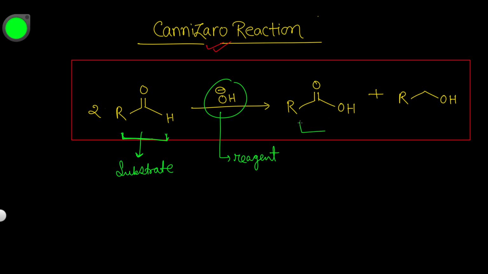And this is our product, alcohol plus acid. So this is the general scheme of the reaction: substrate aldehyde, reagent base OH minus, and the product we get from this reaction is acid plus alcohol.